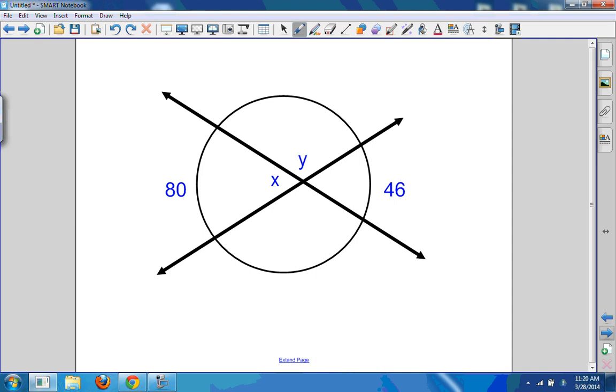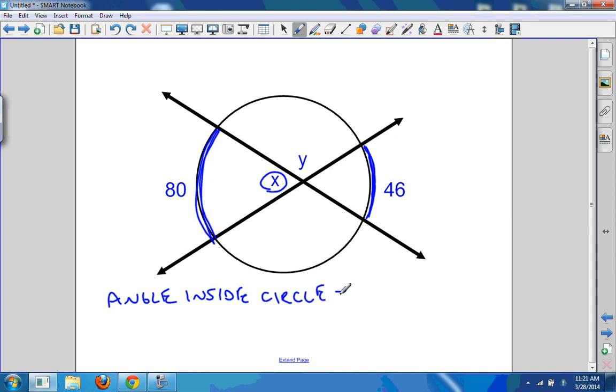Here we have two lines that are intersecting inside of a circle. All right. So if we know the measures of the two arcs, the angle inside the circle is equal to the average of the two arcs. So the angle inside the circle equals the average of the two arcs.